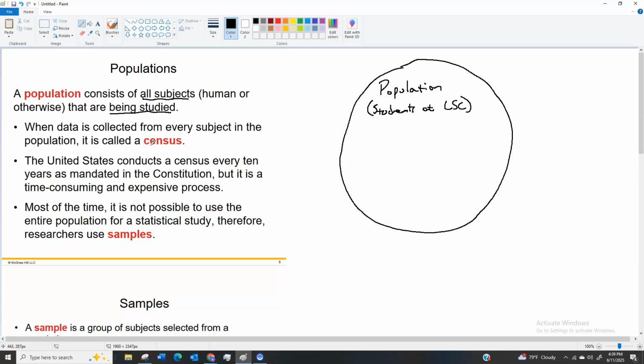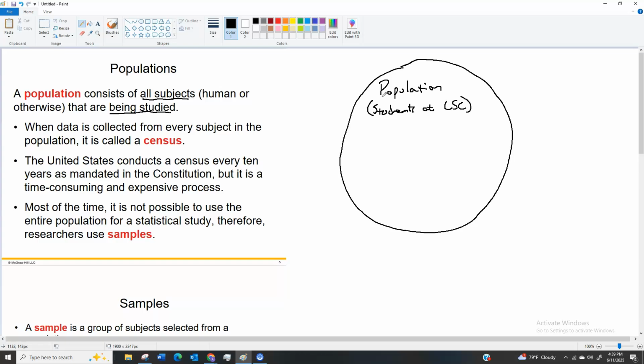If you could find out information from every single student in the entire system, that would be called a census. The United States actually conducts a census every 10 years because it's mandated by the Constitution, but it's a very time-consuming and expensive process.